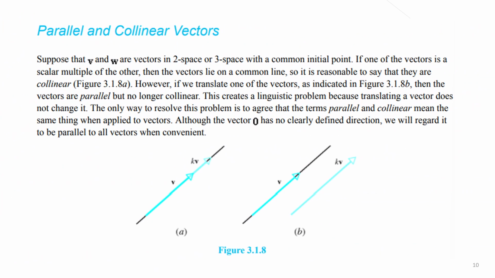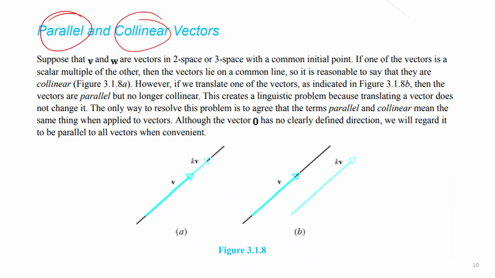Another concept is vectors which are parallel and collinear. Let's consider collinear first. Collinear vectors are vectors that have a common initial point and all lie on the same line as the other vector.